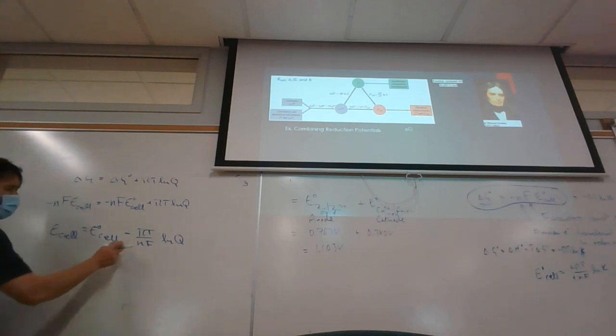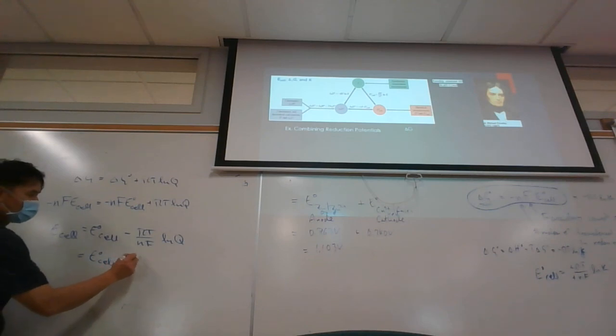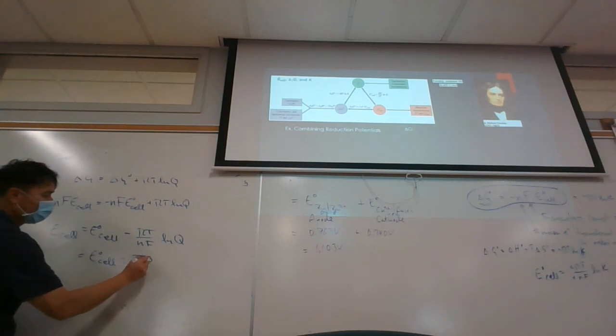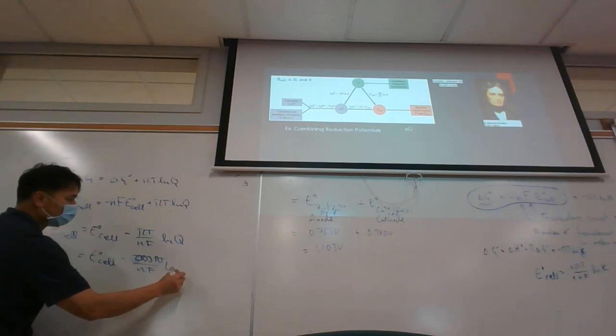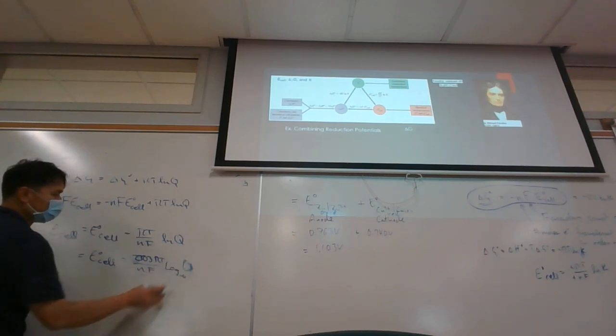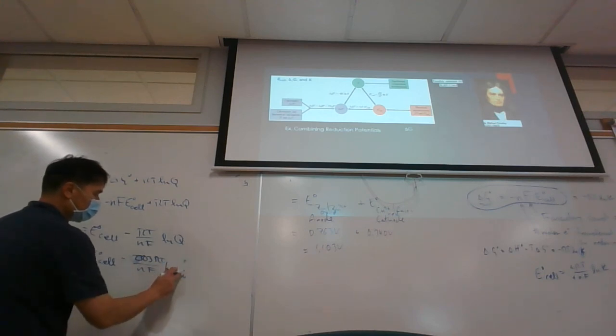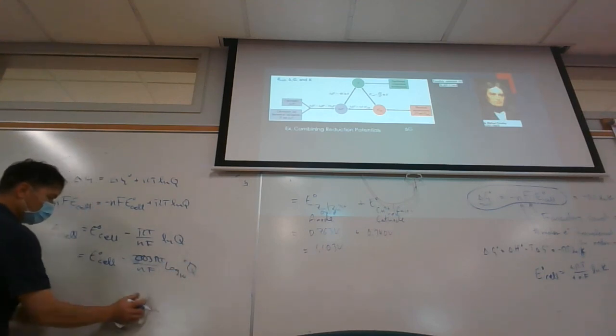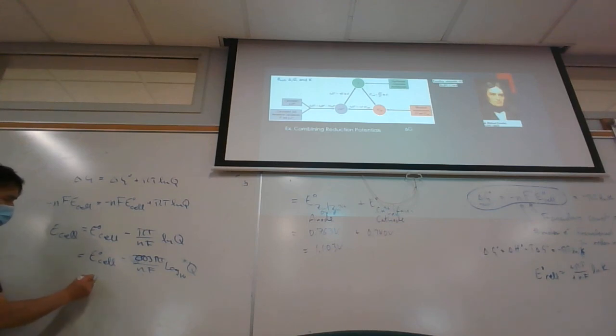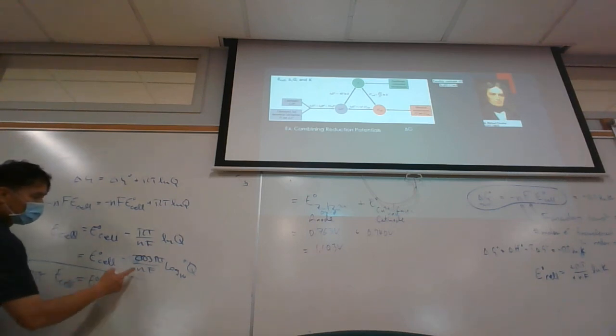Then we're going to convert this into log base 10. So this is going to equal E naught of the cell under standard conditions minus 2.303 RT over nF log base 10 of Q, or K in this case, or Q. Just need Q. So we're going to restrict the temperature at 25 degrees C. We'll plug it in here.